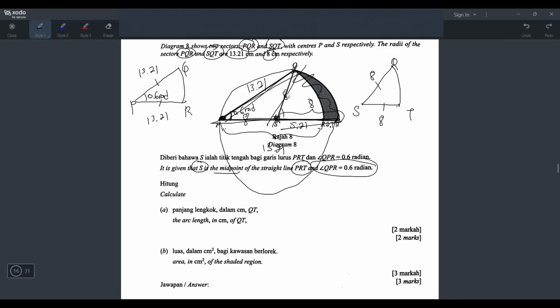It will be 0.6 times 2, because the angle at the center is always twice the angle at the circumference. So what I'm trying to tell you is you can actually find the angle here. The angle here will be 1.2 radian because you take 0.6 times 2.